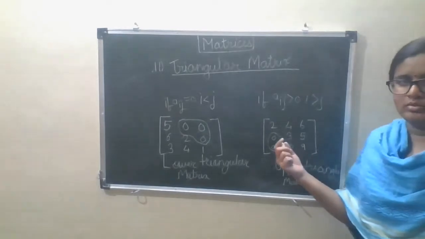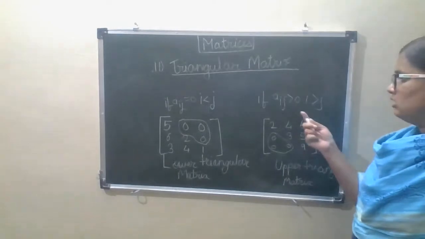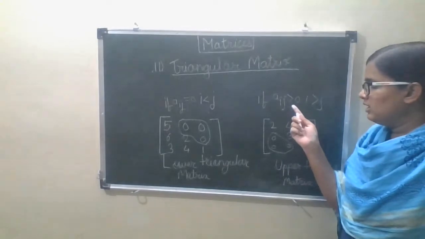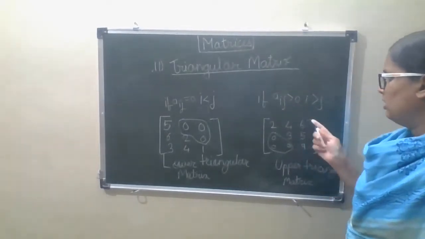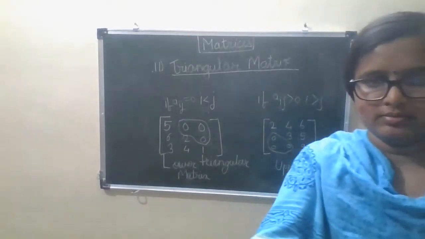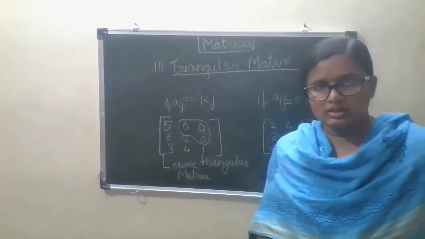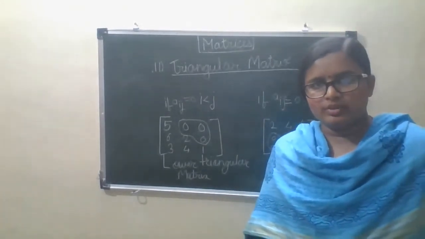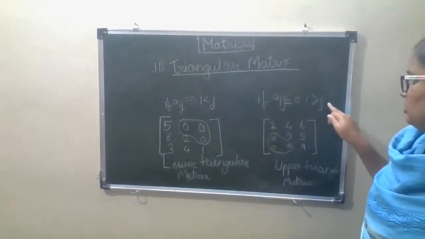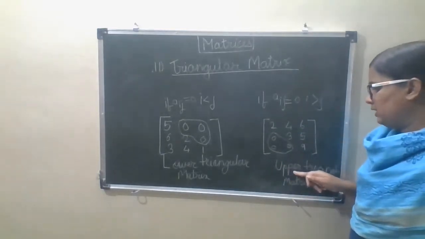What are upper triangular matrices? In an upper triangular matrix, a of ij is equal to 0 and i is greater than j, then this is the matrix form. It is called an upper triangular matrix.